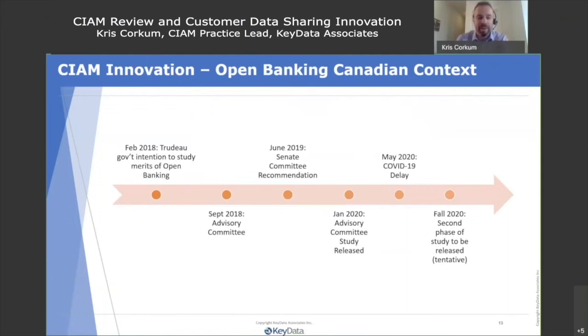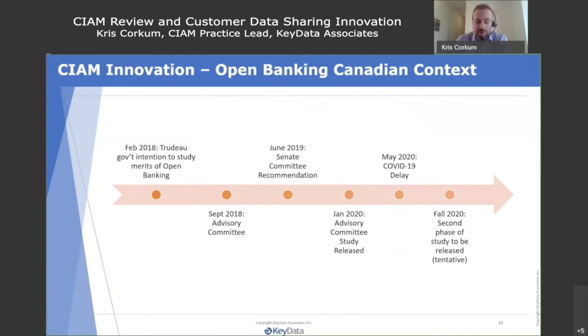So just from a Canadian context, if we look back, in February 2018, the Trudeau government announced their intention to study the merits of open banking in the February 2018 budget. In September 2018, the Finance Minister, Bill Morneau, launched an advisory committee to study the merits and risks of open banking.